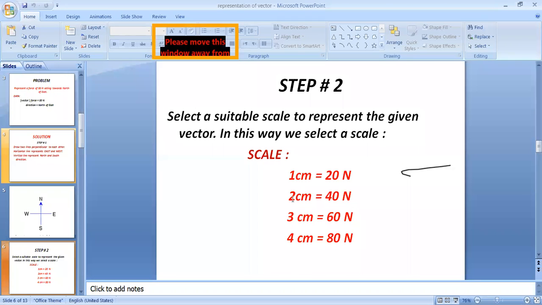Then 3 centimeter will be equal to 60 Newton, and 4 centimeter will be equal to 80 Newton. It is up to you to select any scale. Anything that is easy and more convenient for you, take like that.